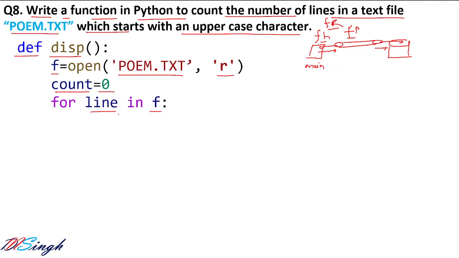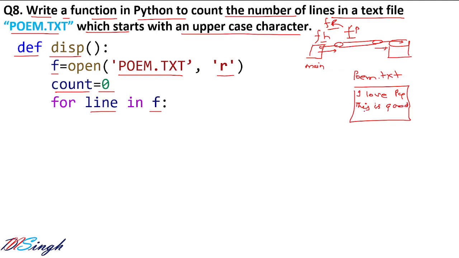Once you get the first line from the poem.txt, suppose our poem.txt content is something like this. This is our poem.txt: I love Python. Or we can say, this is good.